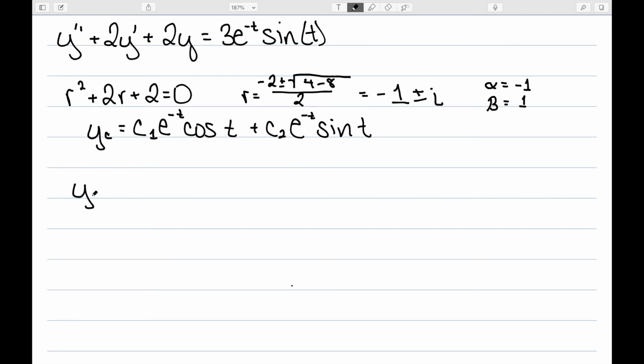When I find my particular solution, the e to the minus t means I need an e to the minus t piece over here. And sine tells me I need a times cosine t plus b times sine t.